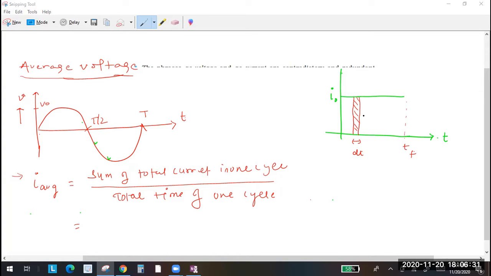You can see this looks like a small rectangle, whose height is I naught and whose breadth is dt. So if I calculate the area for this small rectangle, the area will be I naught times dt. Can you see or not?